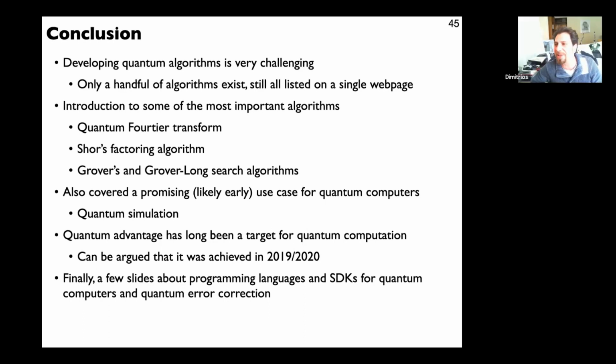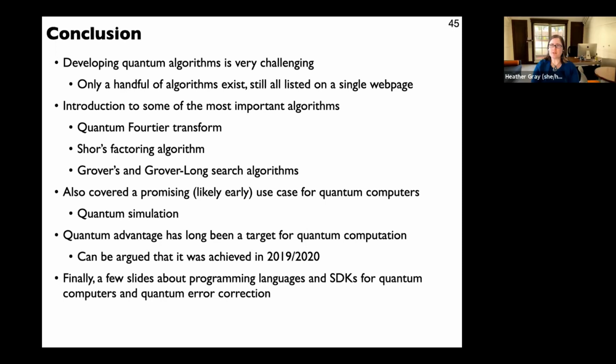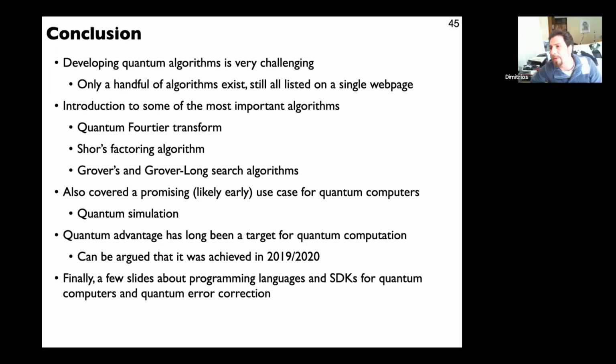Yes. Pardon me for my ignorance. I just wanted to ask if the academic community or companies have decided which metric system for the information in quantum computers is going to be used. Can you repeat it? It was a little bit broken up, a very key part of your question. Yes, if there is a decision on which metric system of information is going to be used in quantum computers.